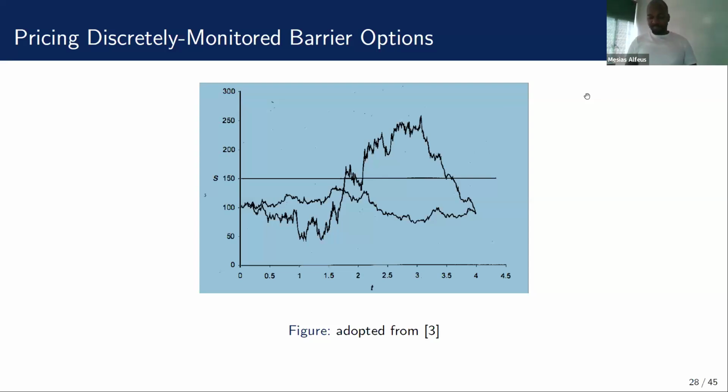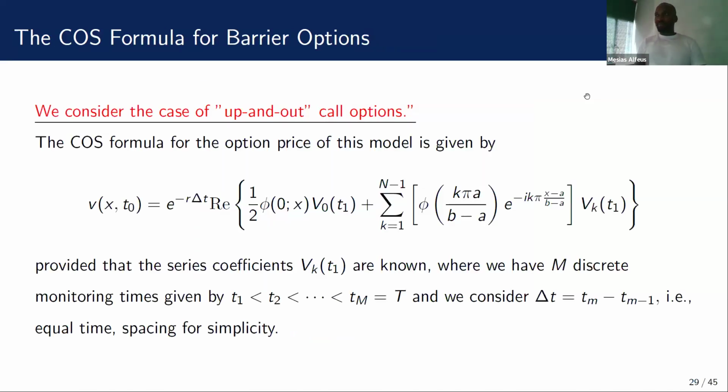Can you go to your COS method? Which one? This one? Yeah. So that means this method can only be applicable for discretely monitored barrier options. Is there a way you can improve that so that you can price a continuously monitored barrier option also using the COS method?